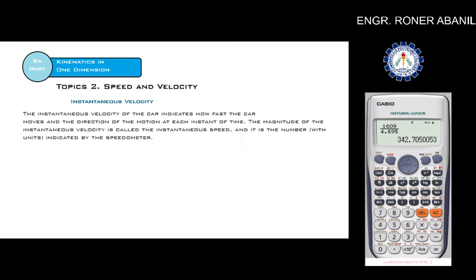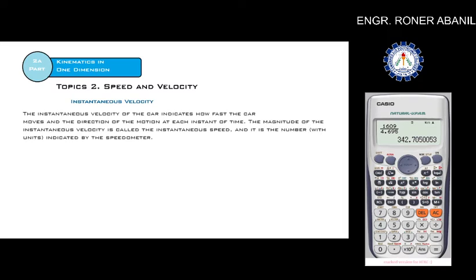Tapos, biglang nag-traffic doon sa toll gate, bumaba ngayon ng 20 kilometer per hour. So, yung 60 kilometer per hour is yung instantaneous velocity niya nung wala pa yung traffic. Nung magka-traffic, yung instantaneous velocity niya is nasa 20 kilometer per hour na lang. So, yung instantaneous velocity is kung ano lang yung nasa given time na yon. Okay?